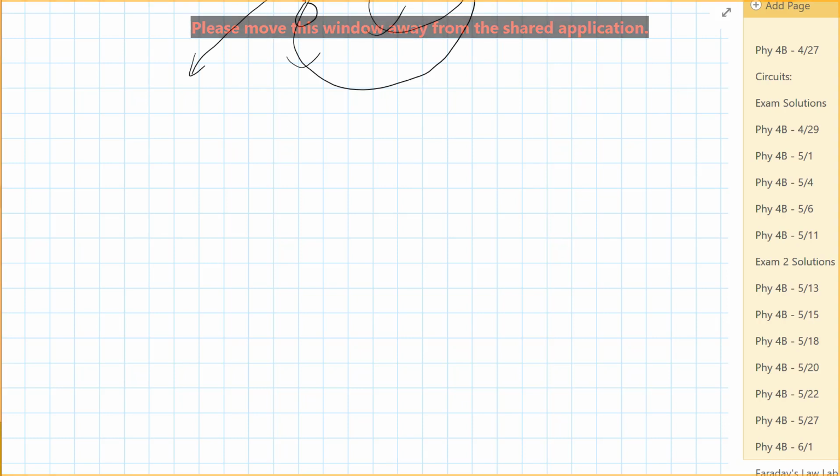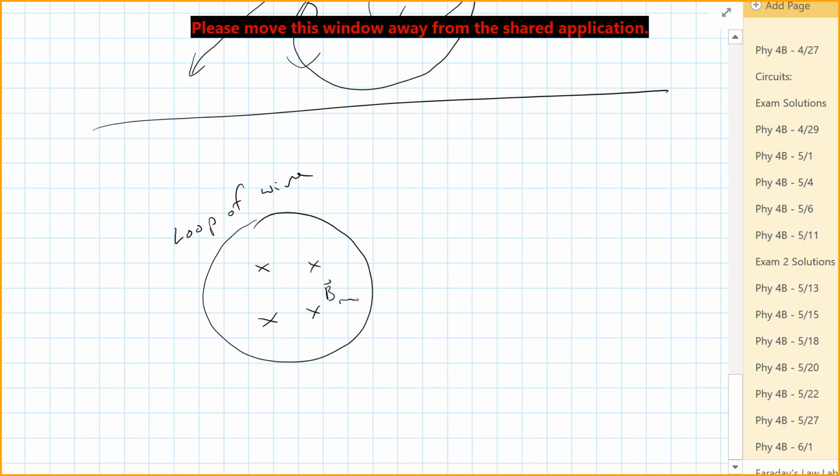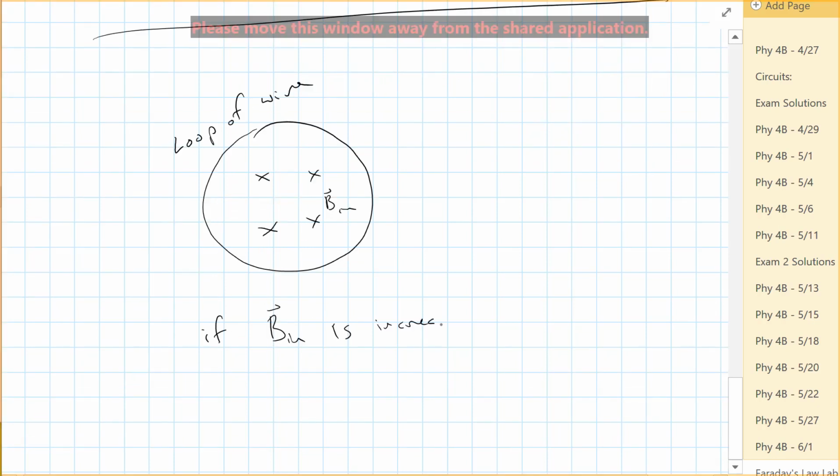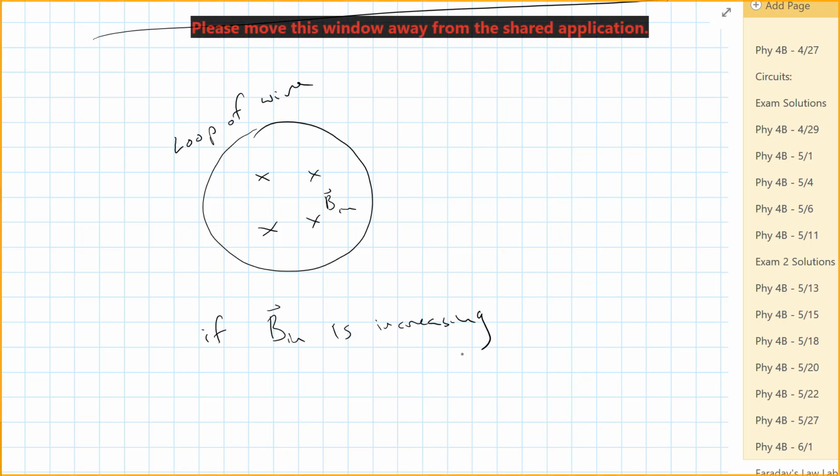If the magnetic field is increasing, so we're moving the magnet closer to the coil of wire, and the magnetic field is increasing in strength there, then the current in the wire is going to go counterclockwise. And the reason is that it also produces its own magnetic field, right?